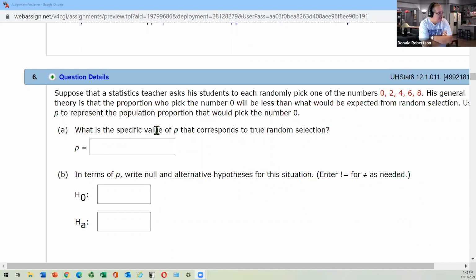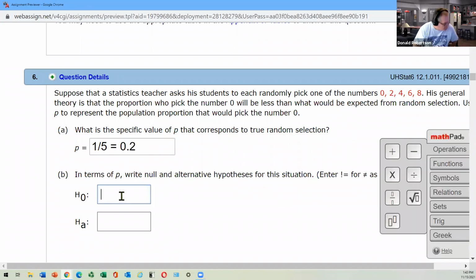His general theory is that the proportion who pick the number 0 will be less than expected by randomness, okay? If you just randomly picked a digit from that lot of 5, wouldn't the probability be 1 out of 5, which is 0.2? Would that seem reasonable? Right.